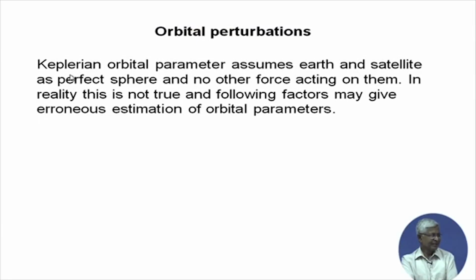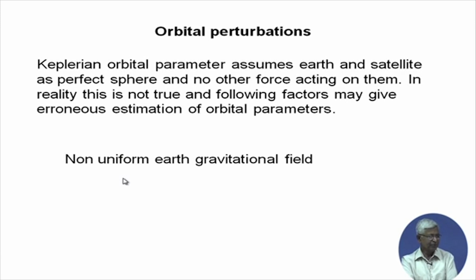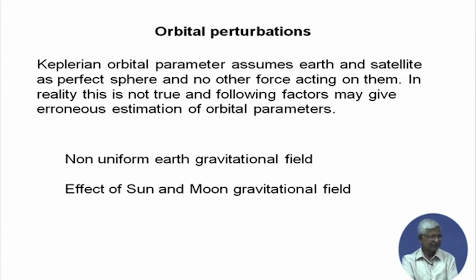Just now, as I stated, Keplerian orbit parameters assume that Earth and satellite are perfect spheres and no other force is acting on them. In reality, it is not true, and that may give erroneous estimation of the orbital parameters. One of them is the non-uniform Earth gravitational field. You can quickly and intuitively say that there are a lot of ocean bodies and land masses which are not uniformly distributed.